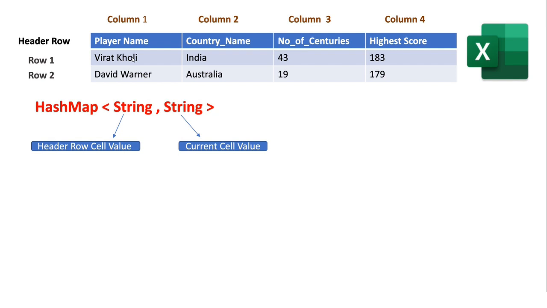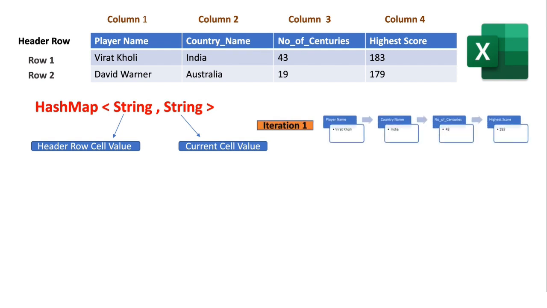Now if I use header row and current cell value as key-value pairs, let's see how the iteration of the HashMap will look. The key will be the player name and the value will be the current cell value, which is Virat Kohli. The same will be applicable for each and every column.